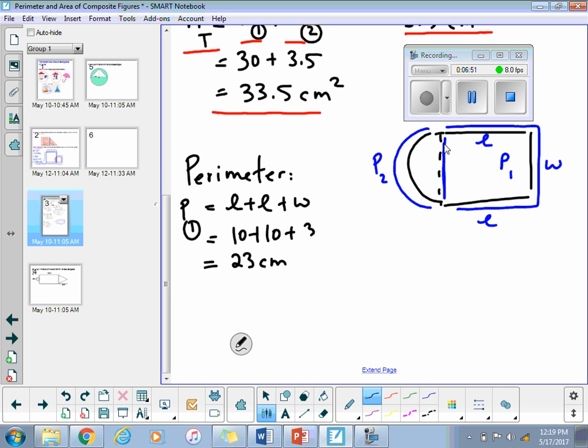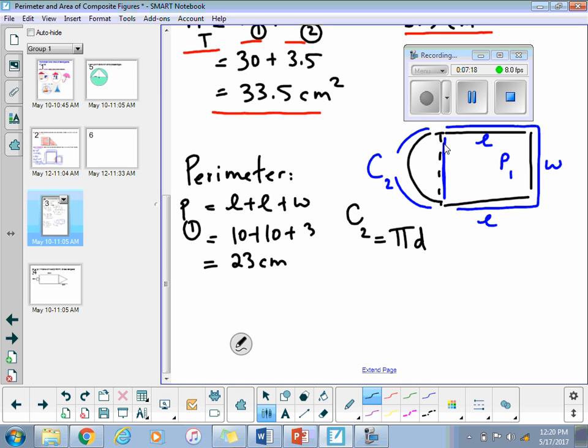In the case of the circle, I'm going to say C for circumference of that second shape instead of the P2, because it's actually circumference. And if you look on your pink sheet, you will notice that the formula is pi d, d being the radius.